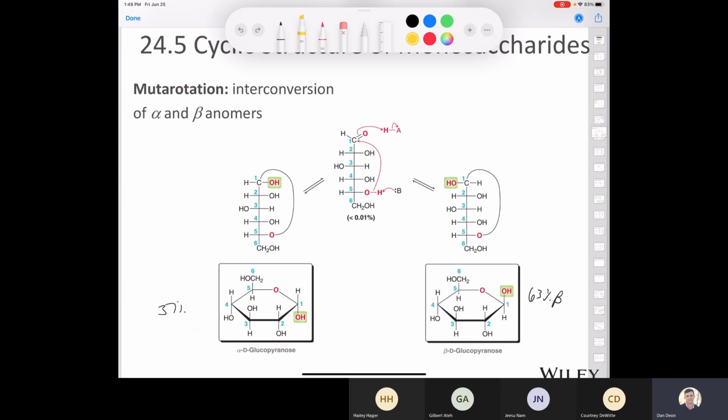The process by which the alpha and beta anomers interconvert is called mutarotation. The reason it happens is because the pyranose forms can open up to give you the open-chain form, which is shown here. Now, you don't need very much of it.